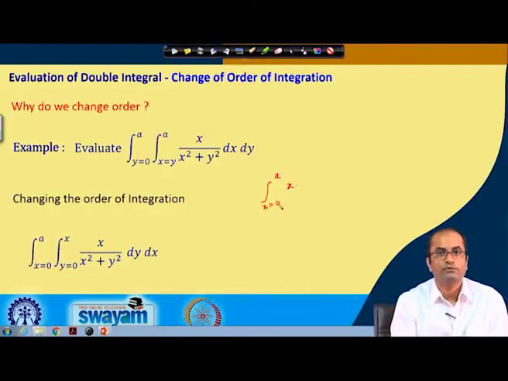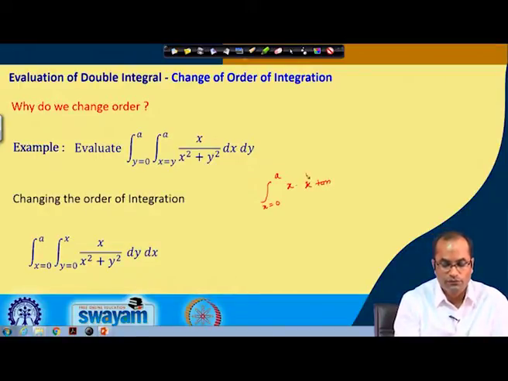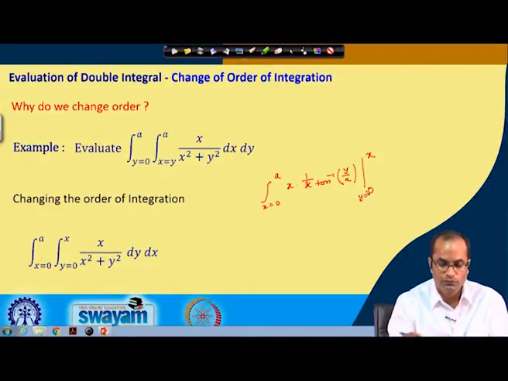So, the integral of 1 over x square plus y square with respect to y will give 1 over x times tan inverse of y over x, with the limit for y from 0 to x, and the outer integral in x. So, this x will get cancelled and we have tan inverse of y over x.